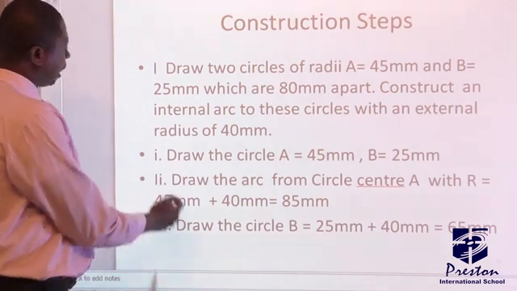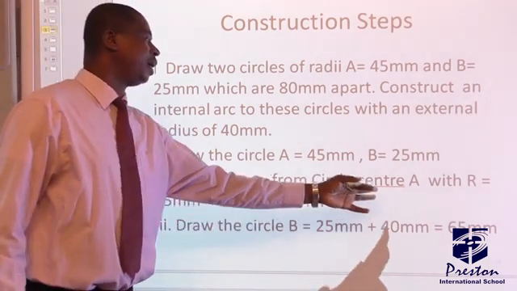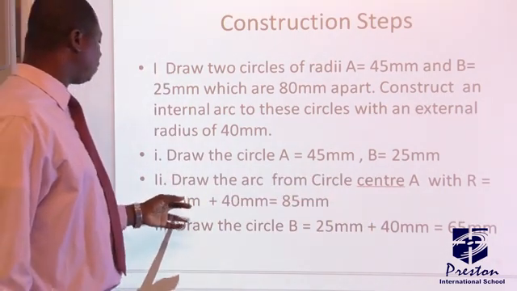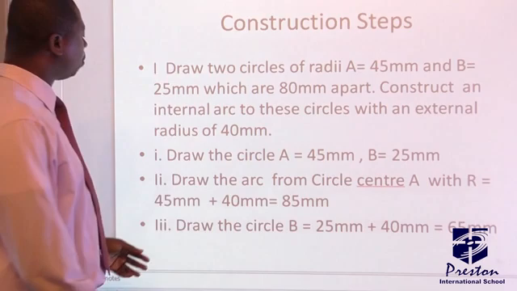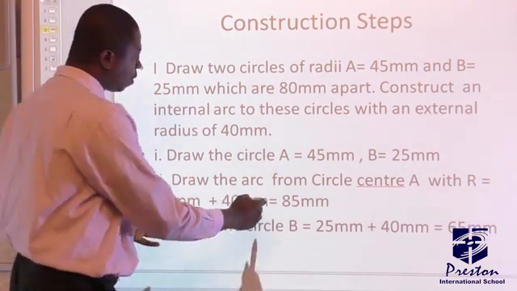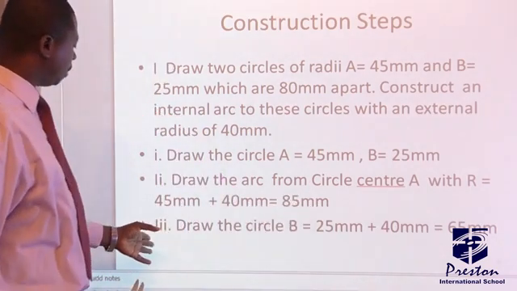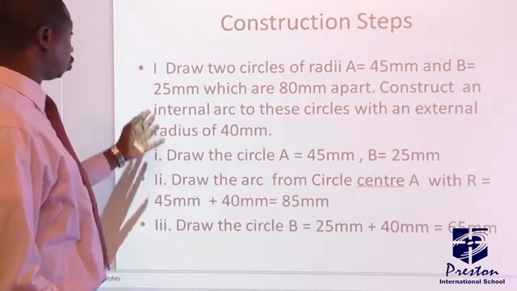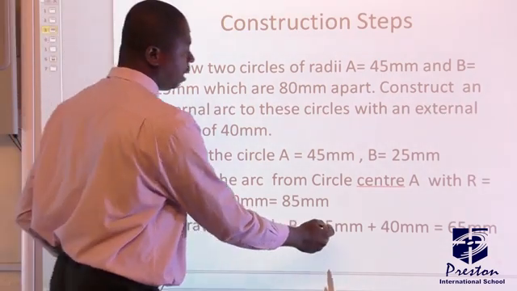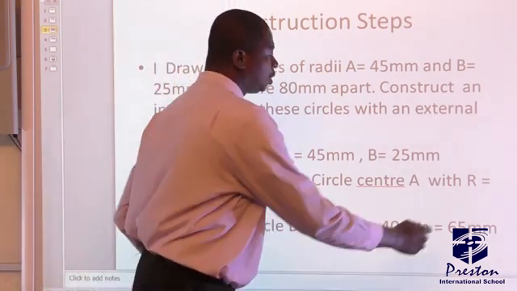For the second step, we draw the arc from circle center A with radius 45 millimeter plus 40 millimeter, which is the external radius, equals 85 mm. Then, for the third step, we draw the arc from circle B, which is 25 mm plus 40 mm, equals 65 mm.